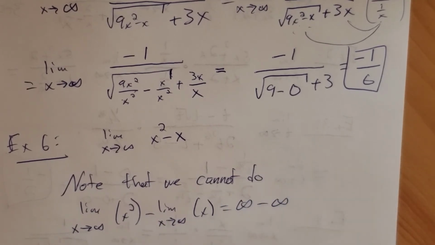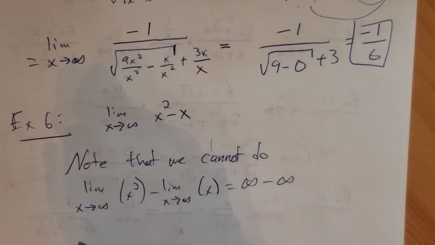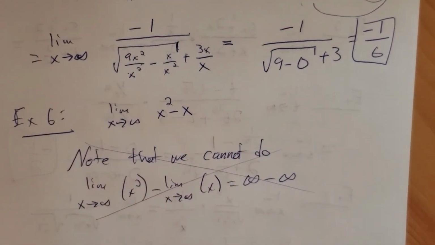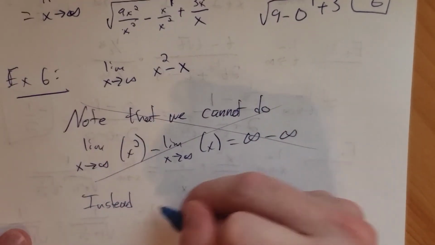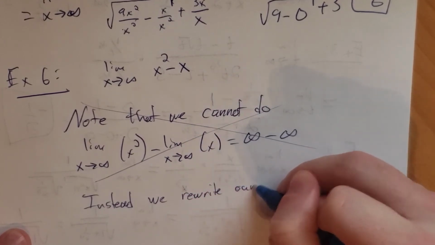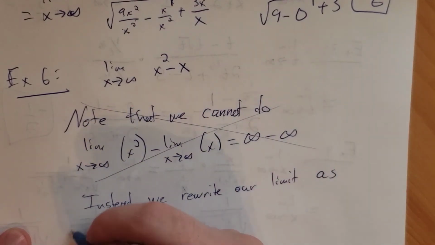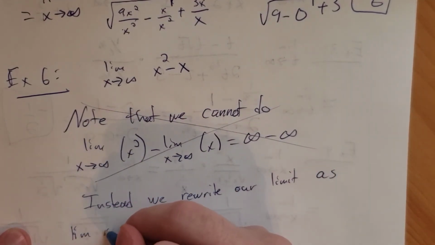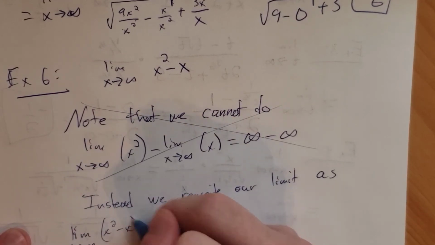Also, what does infinity minus infinity mean? Well, it doesn't really mean anything. Okay, so we can't do that. So how do we solve this one? Instead, we rewrite our limit. Okay, so limit as x goes to infinity of x squared minus x.